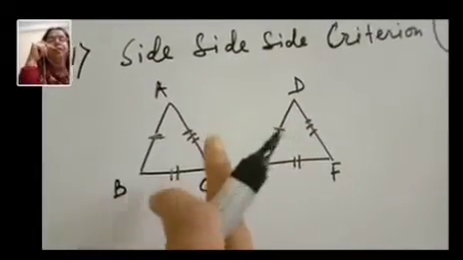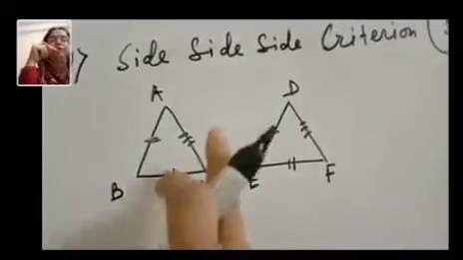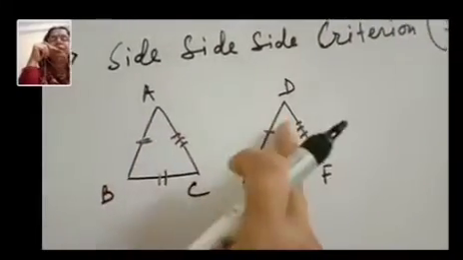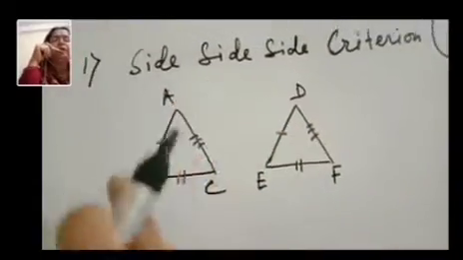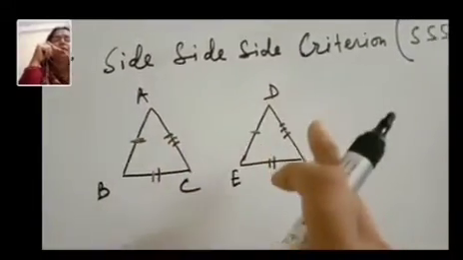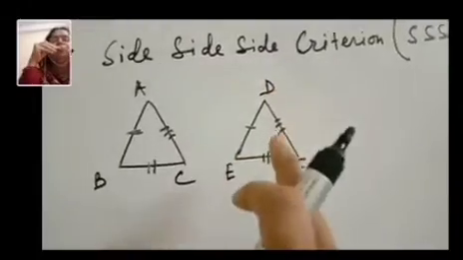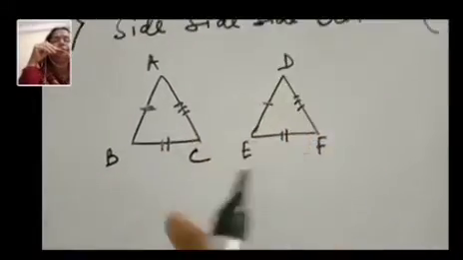SSS criteria. And how to write this condition? When these two triangles are congruent by SSS criteria, then we will write triangle ABC congruent to triangle DEF.